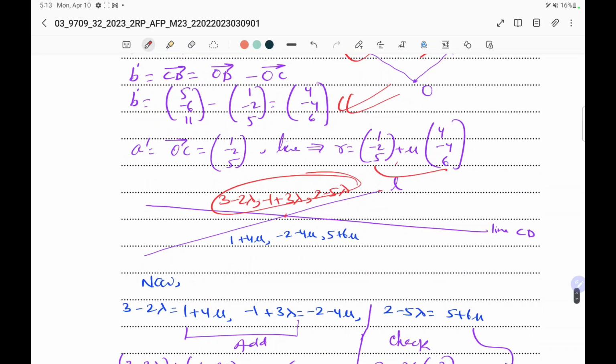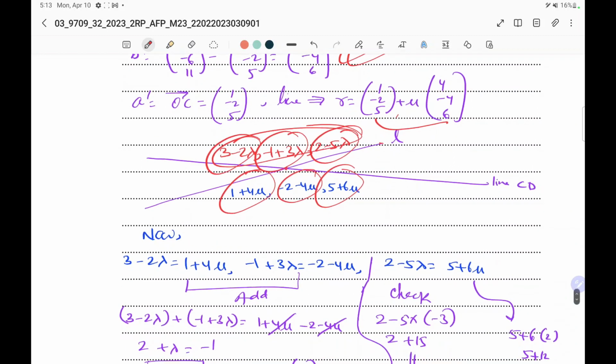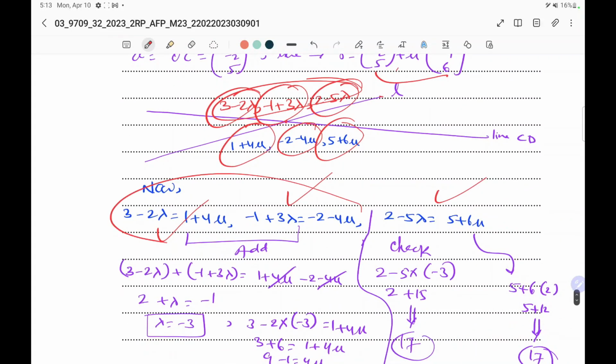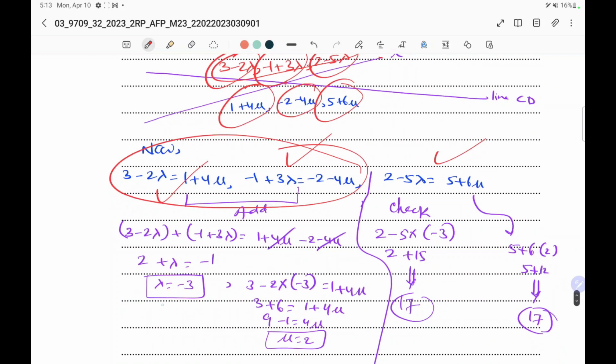Since these two are intersecting, the x coordinate will be equal, y will be equal, and z will be equal. So 3 minus 2 lambda is 1 plus 4 mu, minus 1 plus 3 lambda is minus 2 minus 4 mu, 2 minus 5 lambda is 5 plus 6 mu. Just solve this, get lambda and mu. Lambda is minus 3, mu is 2.